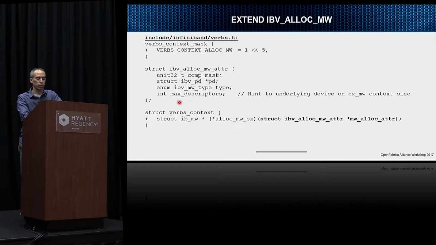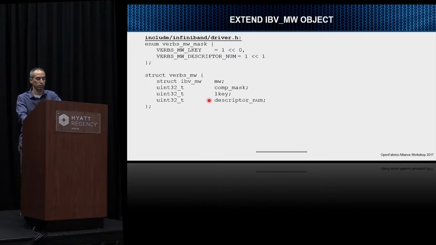The new attribute is the max descriptors, which is a hint to the device of how many different memory areas would be included in that memory window. So the device can be aware of how much memory to allocate to a context, if it uses a context for that memory window.